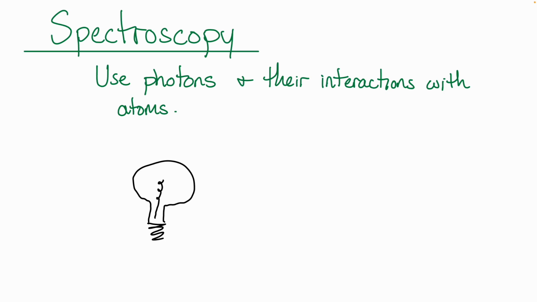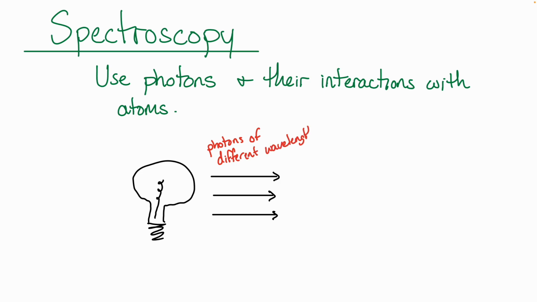Okay? What you do is you have your photon source, and it's going to send in a bunch of different photons. So these are photons of different wavelength/frequency.